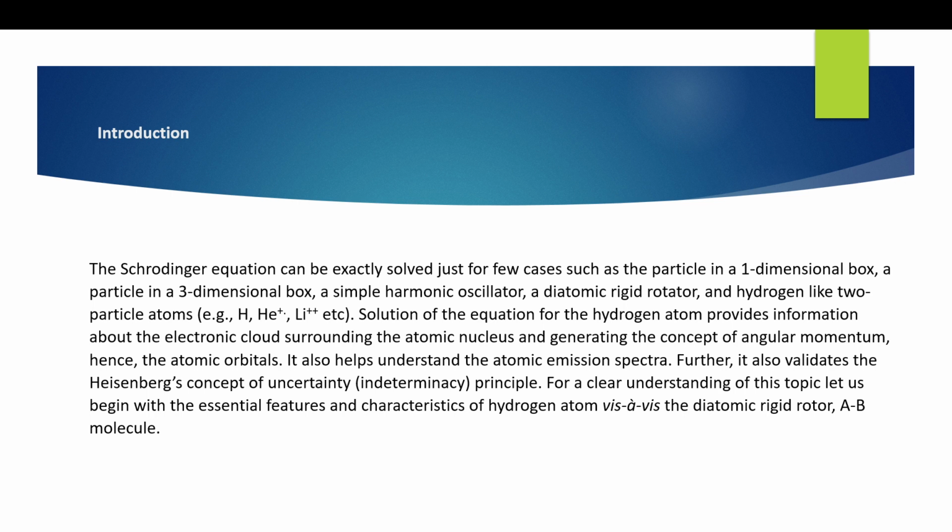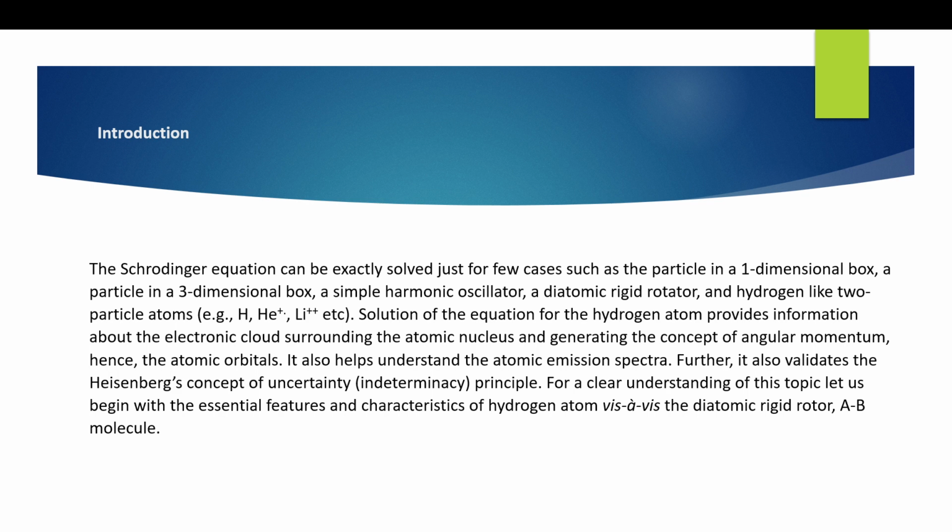Solutions of the equation for the hydrogen atom provide information about the electronic cloud surrounding the atomic nucleus and generate the concept of angular momentum as the atomic orbitals. It also helps us understand the atomic emission spectrum.